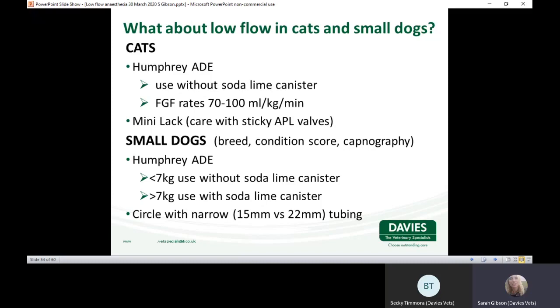So the Humphrey ADE is recommended in small dogs less than 7 kilograms to use without the soda lime canister, but over 7 kilograms you can use it with the soda lime canister. If you don't have a Humphrey ADE and normal circles, in the smaller dogs you could consider using narrow, smooth internal bore tubing at 15 millimetres compared to the normal 22 millimetre diameter tubing.